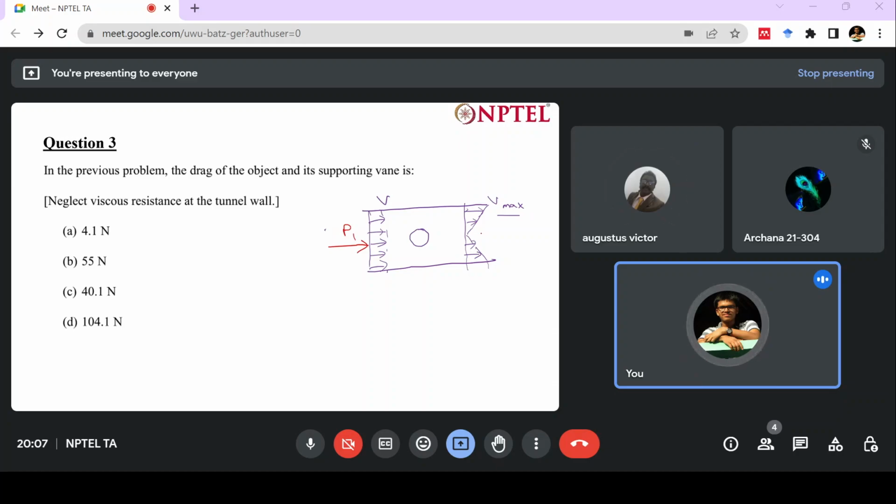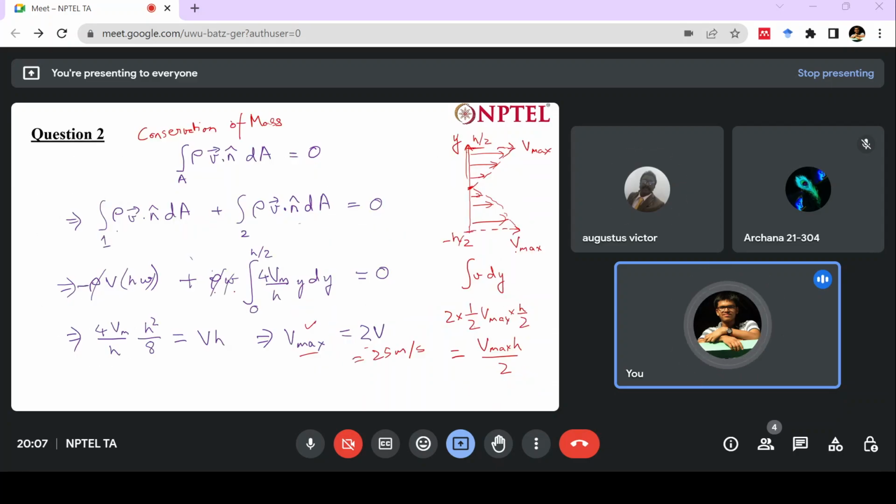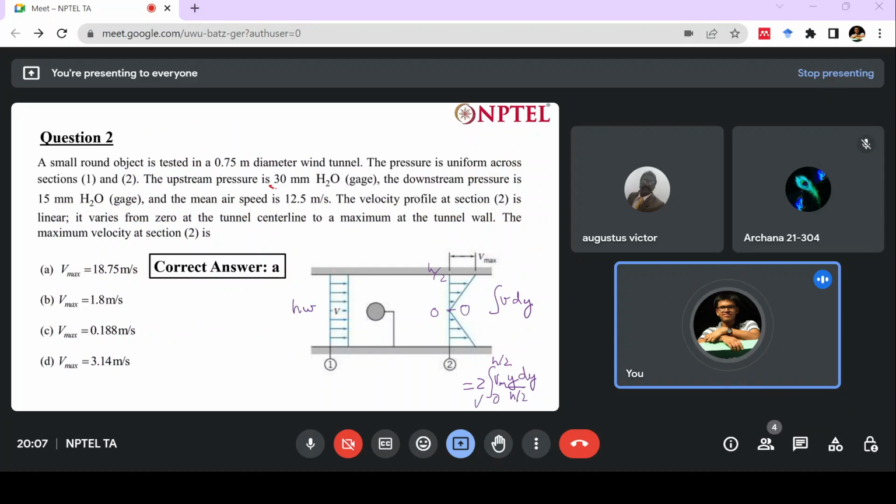There is a pressure acting this side. This is P2, which is given. This is given as gauge pressure using H2O. So the H2O gauge pressure I can find out using H2O density, rho g into h. And P2 also I can find out, this h is given. So I can calculate that.